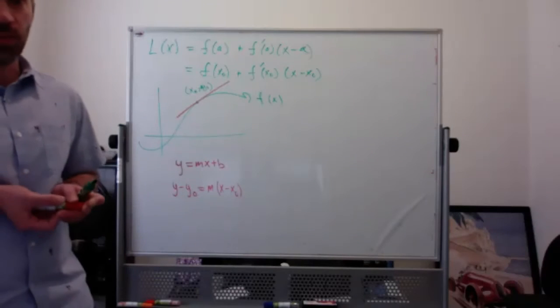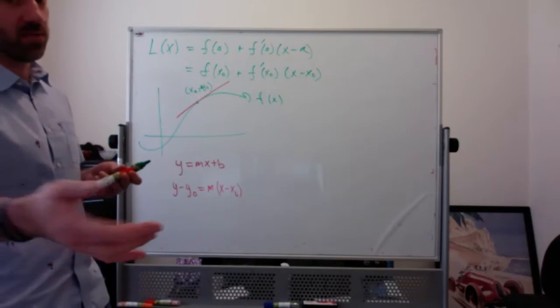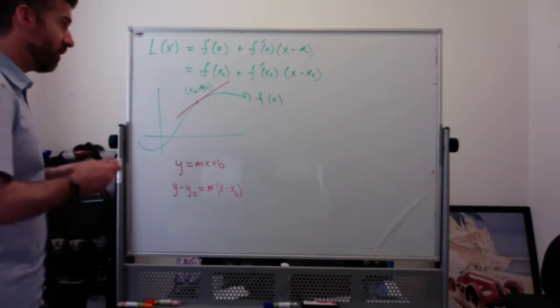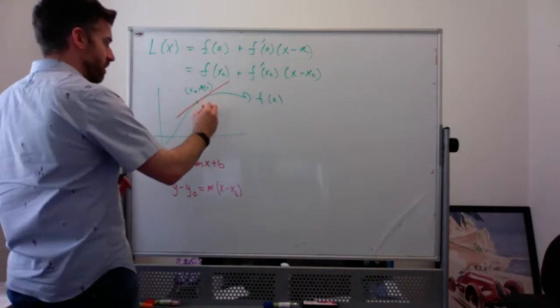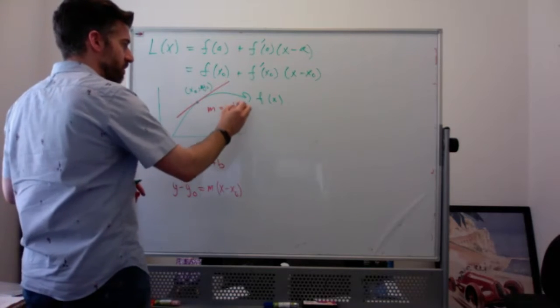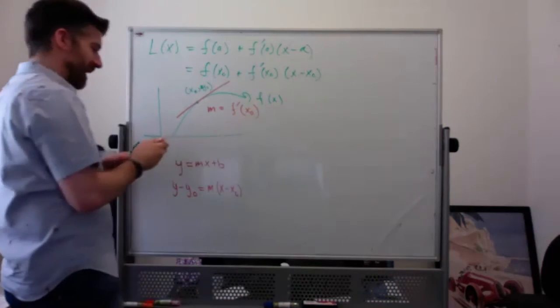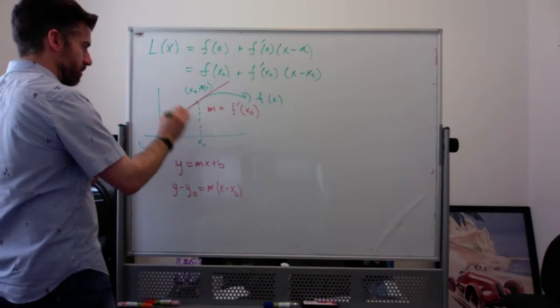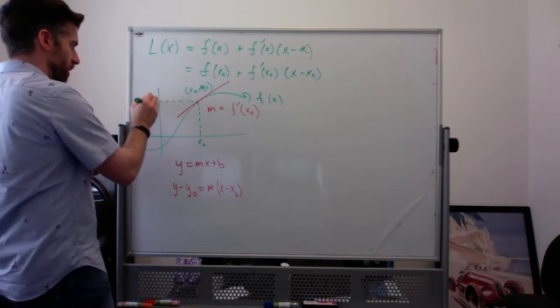I know how to find the slope. The slope of a tangent line is just the derivative of the function evaluated at the point. So here the slope of this red line is the derivative evaluated at x naught, right? That's x naught, that's y naught.